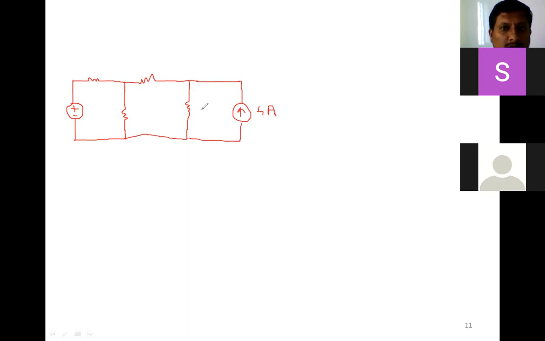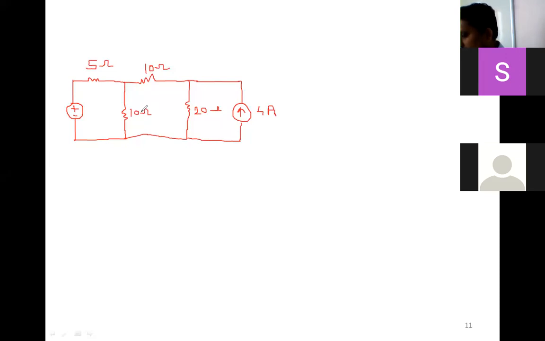This is the 20 ohm. This is 5 ohm. This is 10 ohm. This is 10 ohm. And what is the voltage value?